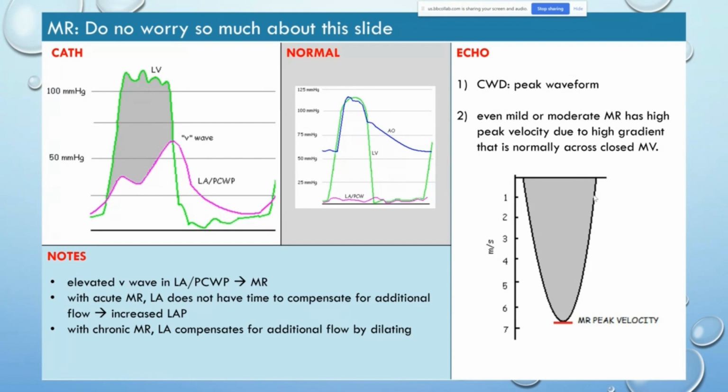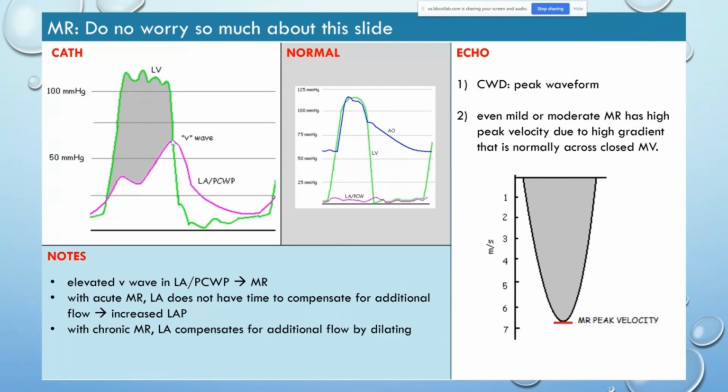And this V wave right here, whenever you see an elevated V wave in the left atrial or pulmonary capillary wedge pressure, it indicates the person has mitral regurgitation. So whenever you notice an elevated V wave, it means the person has mitral regurgitation.